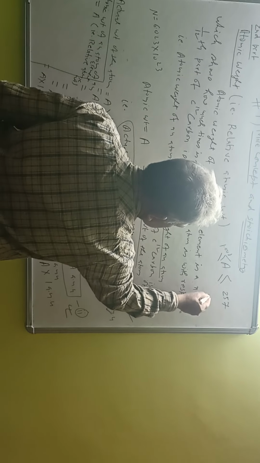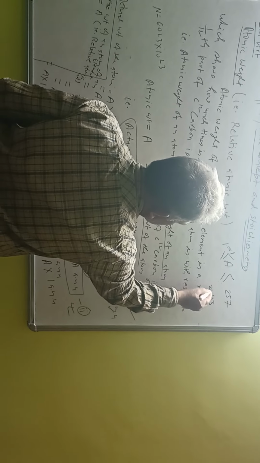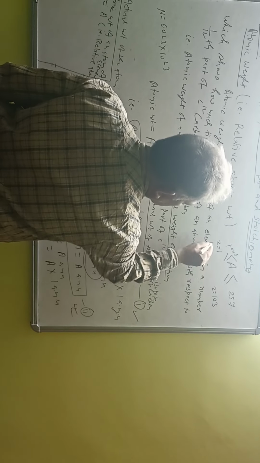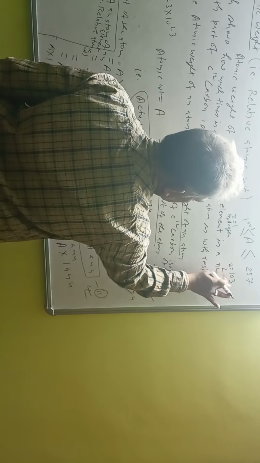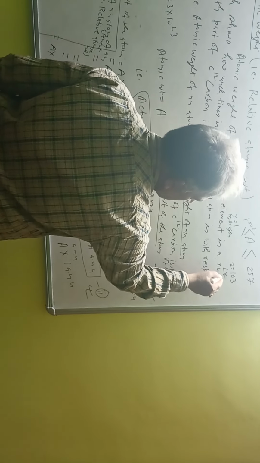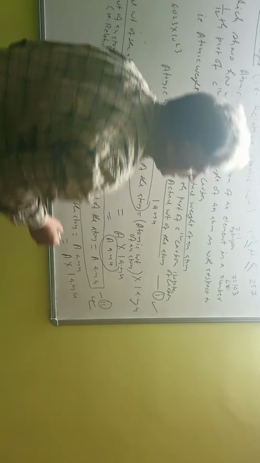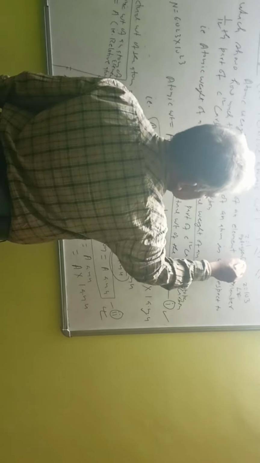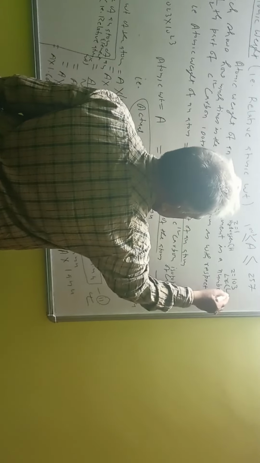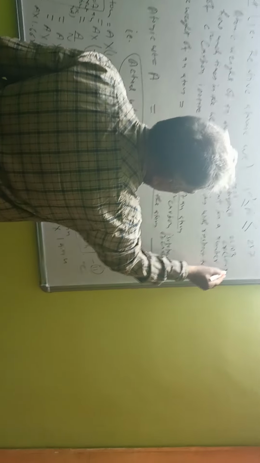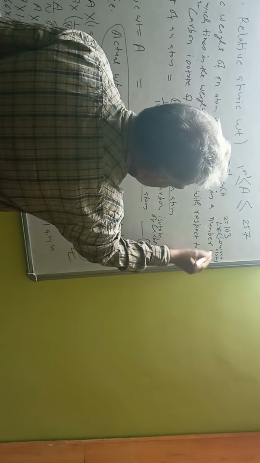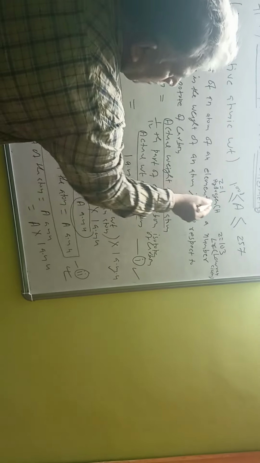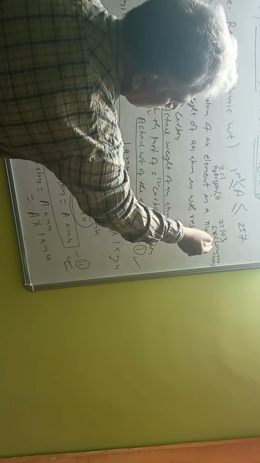This is for lawrencium, whose atomic number is 103, and this is the atomic number for hydrogen. So hydrogen has atomic number 1 and lawrencium has 103.